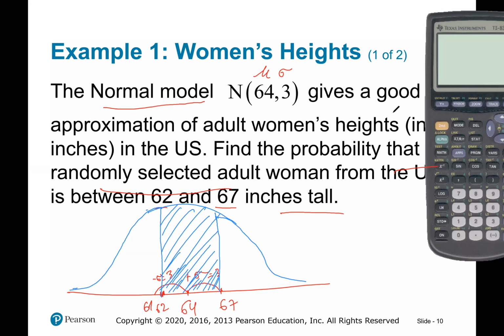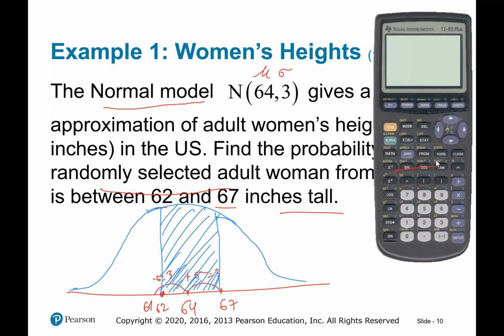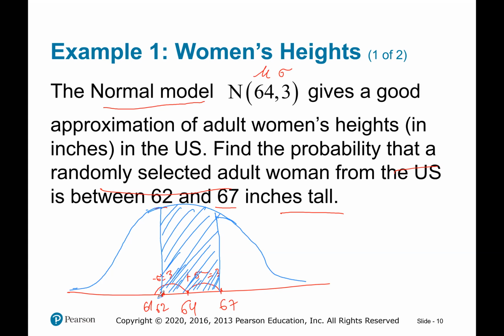As we have from the previous page, talking about how to use the TI-84 or TI-83 to find the area under the curve, firstly you put the lower bound. What is the lower bound here? The lower bound is 62.